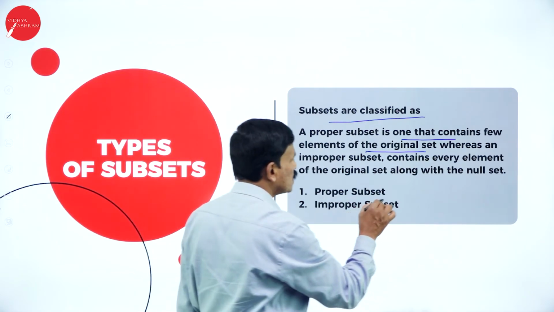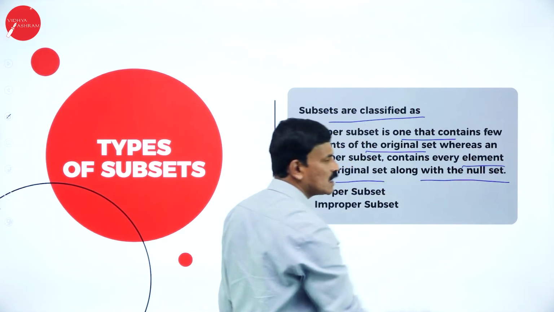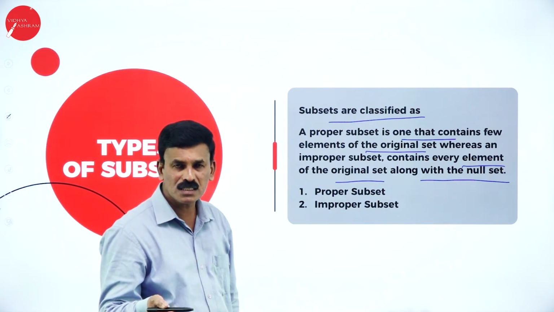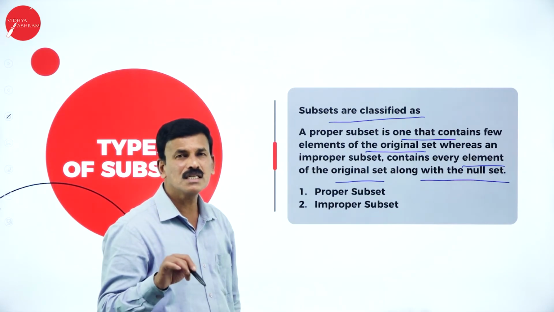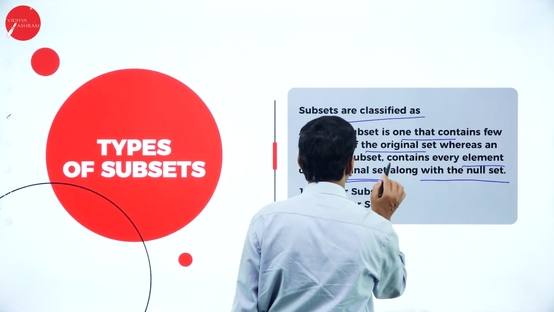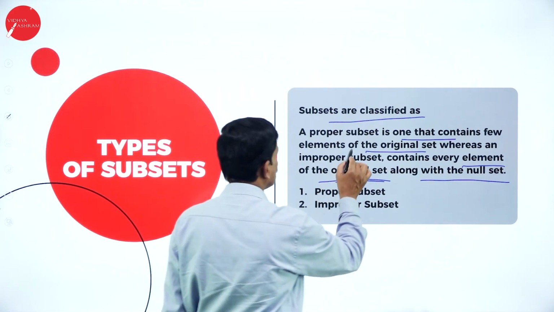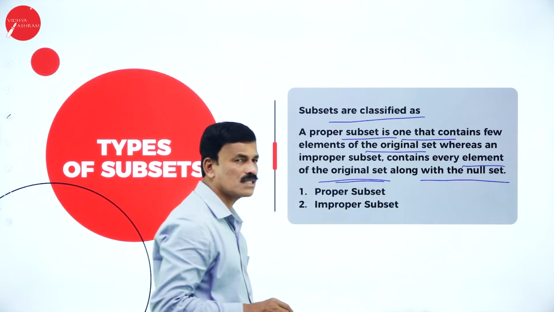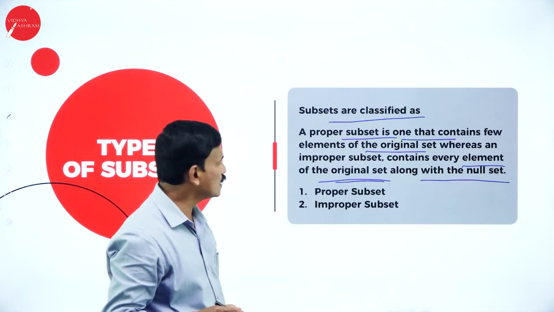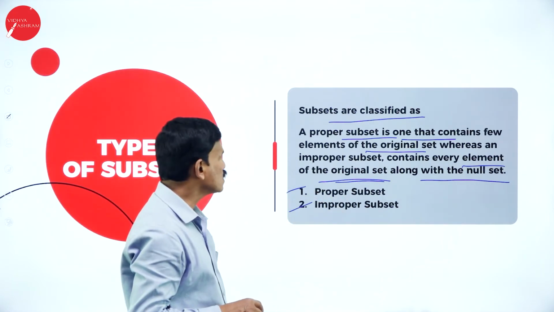An improper subset contains every element of the original set along with the null set. If all the elements of the set are the elements of the set and also the null set, then it is called an improper subset. In a proper subset only few elements of the set are contained.